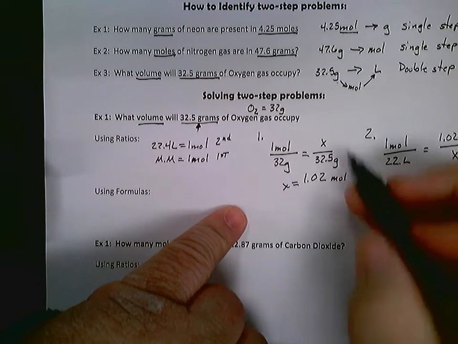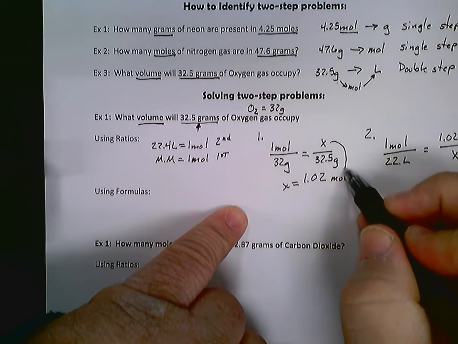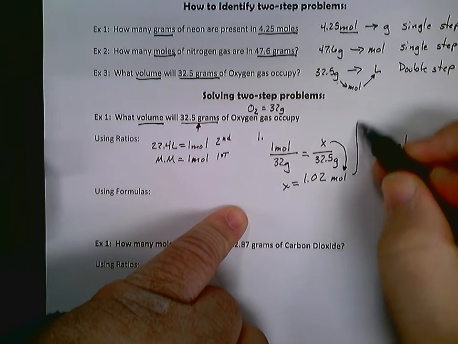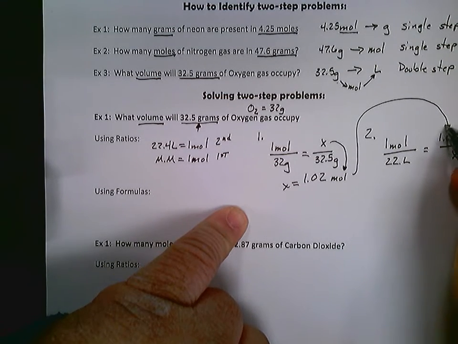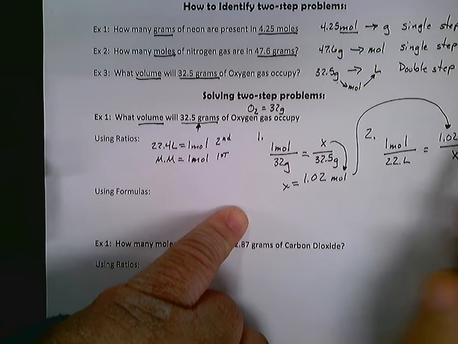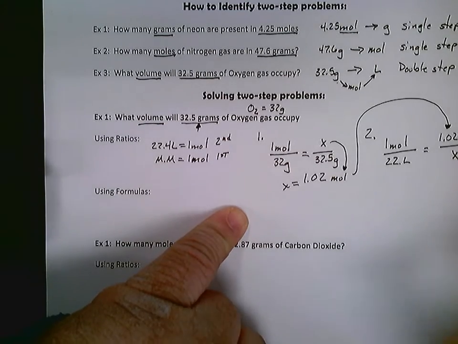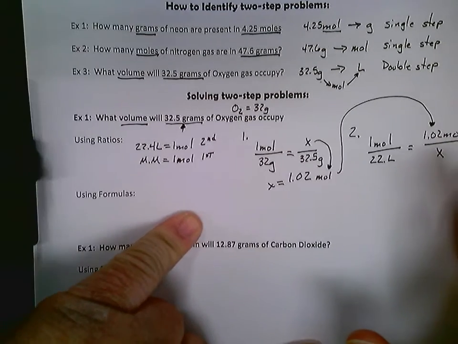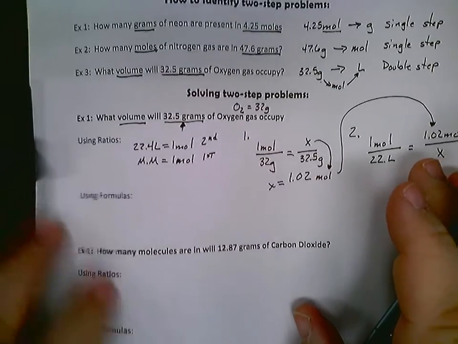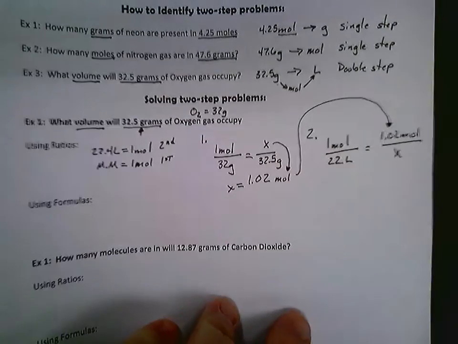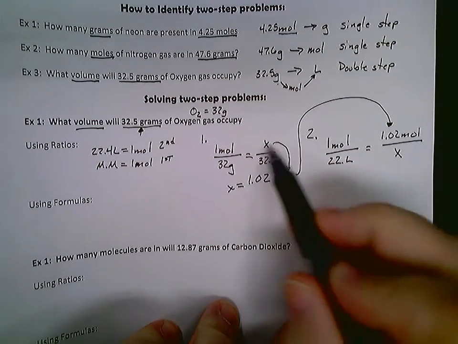In other words, we have to solve for the number of moles, which we'll then use in the next step, because we have to have 3 of the 4 pieces of information to solve for anything. Okay? So as I said, we solve for moles first.